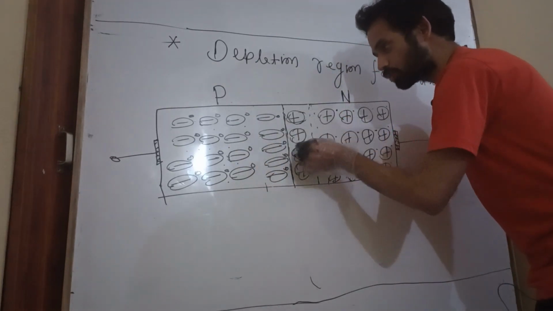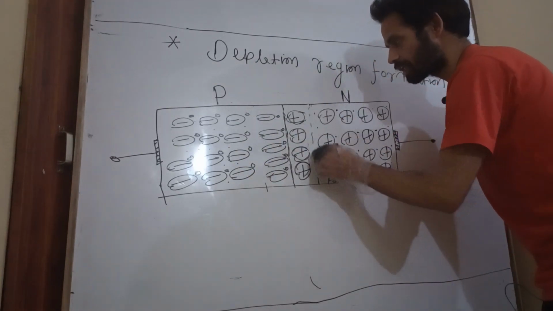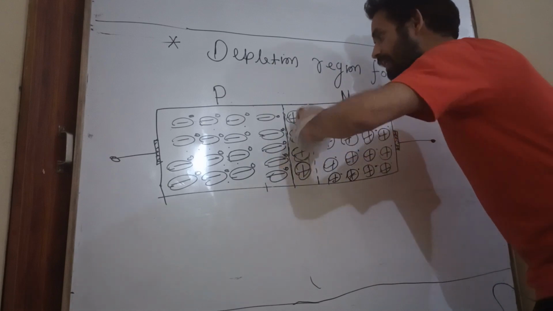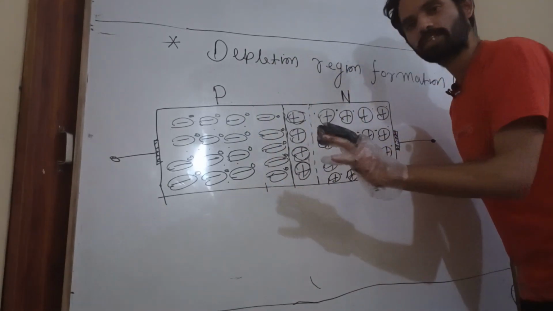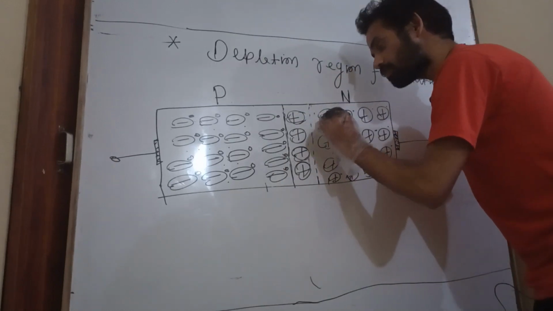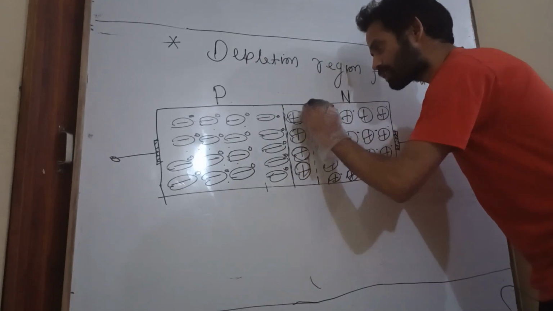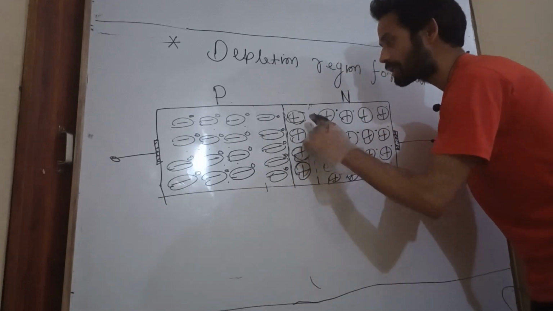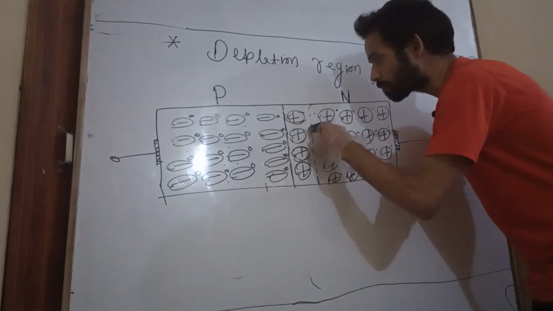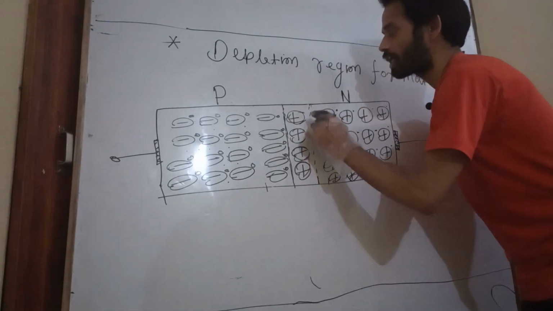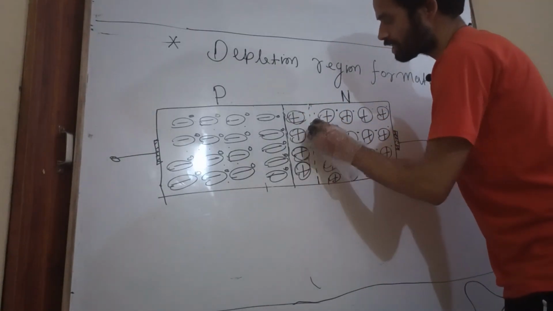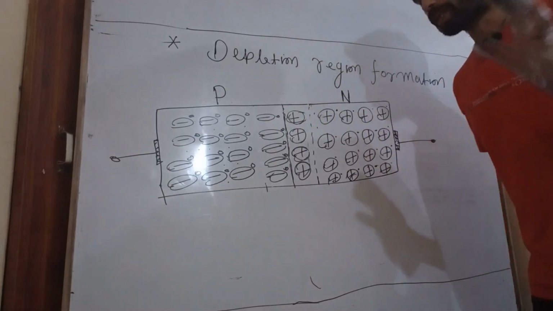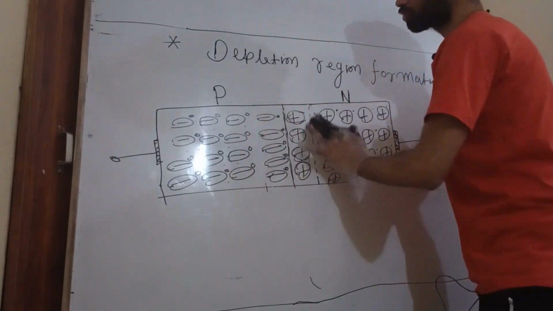Some of the holes quickly recombine with majority charge carriers and disappear from the scene, and this recombination also results in the disappearance of some of the majority charge carrier electrons.